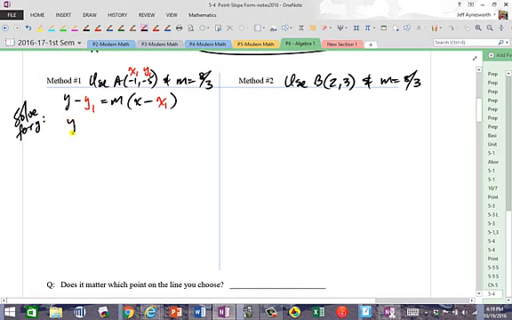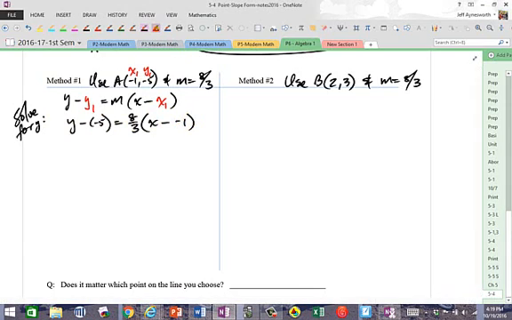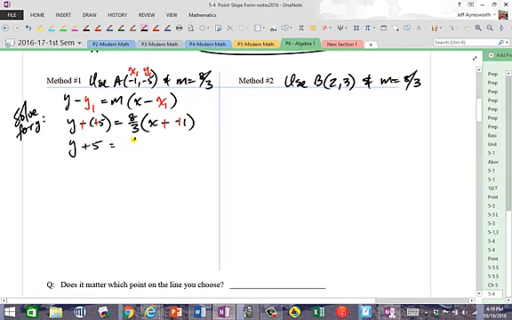Okay, so we have y minus the y coordinate, -5, put in parentheses so you can see the negative, equals 8/3, the slope, times x minus the x coordinate of -1. Notice the double negative. Notice it here, notice it here. So you have y plus 5 equals 8/3 times x plus 1.